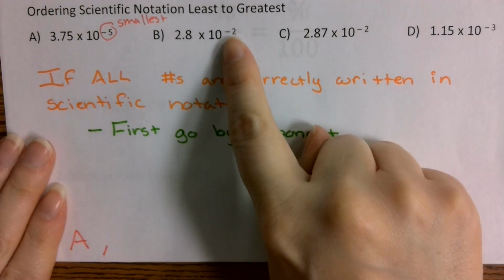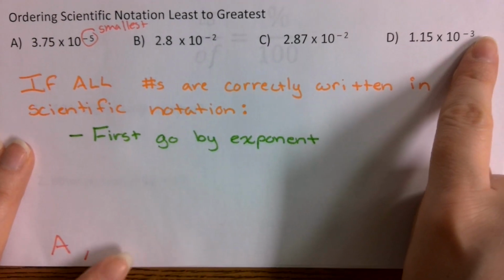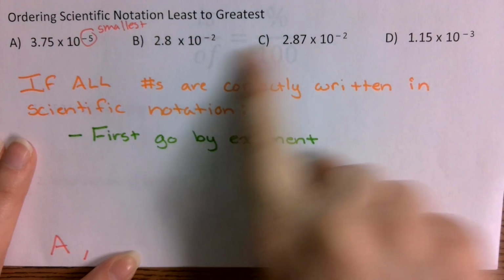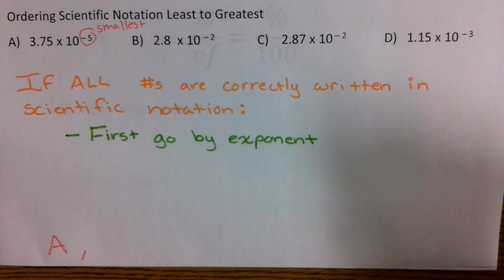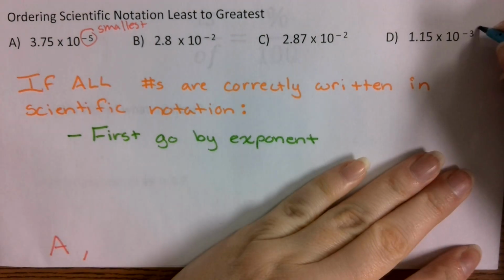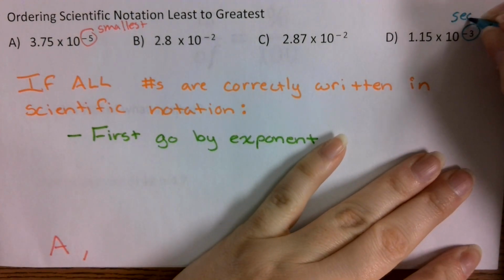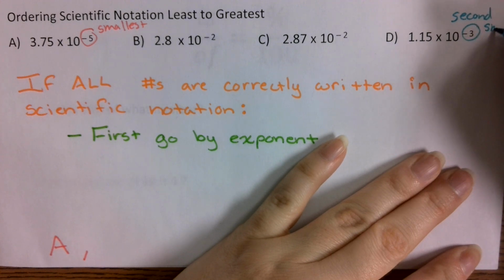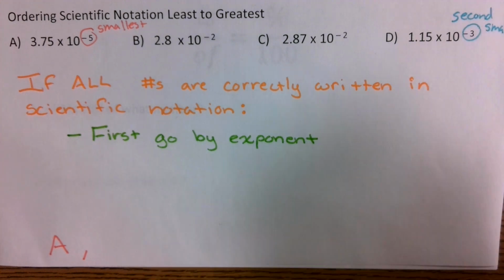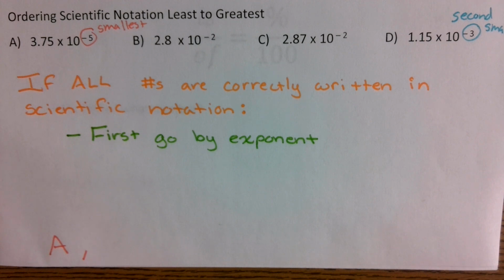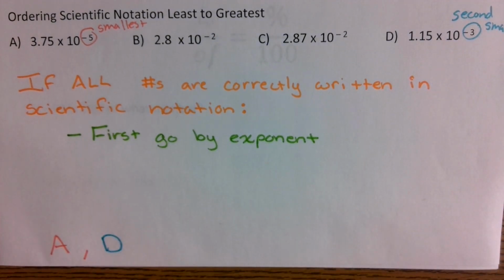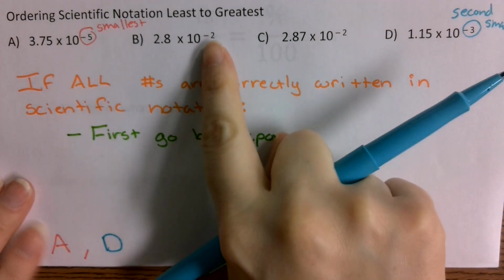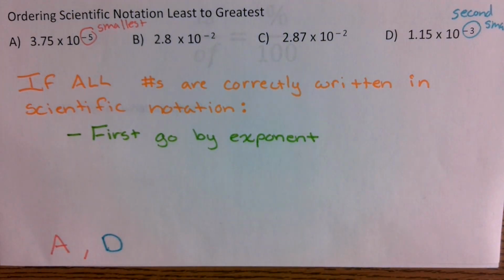Okay? Then we've got -2, -2, and -3. Well, which one of those is smaller? D, right? -3 is the second smallest, so I'm going to put D. Now, both of these are -2 and -2.